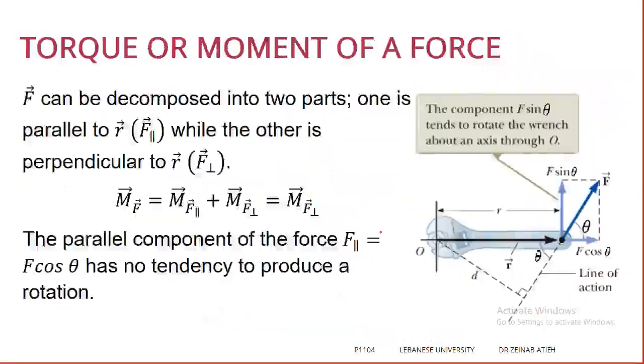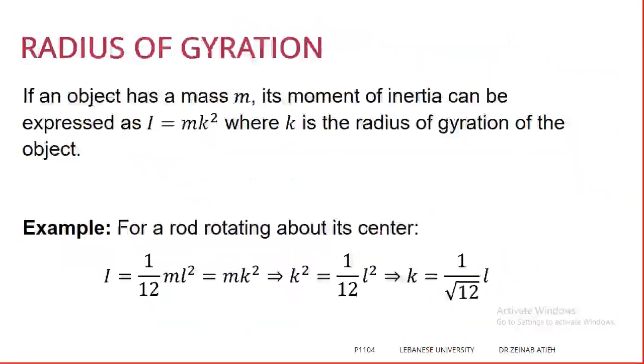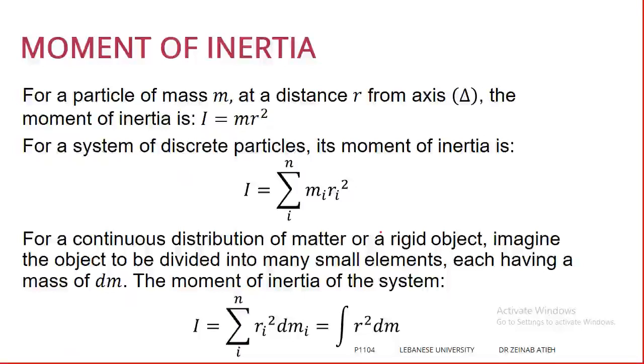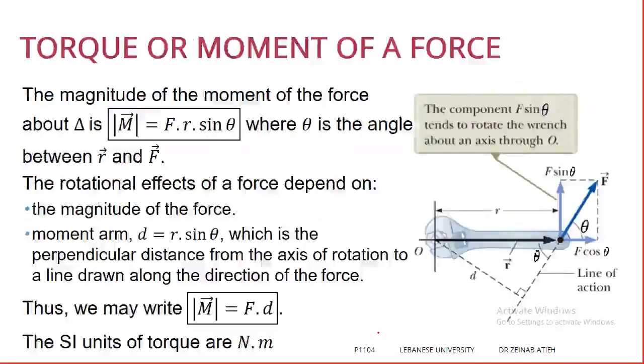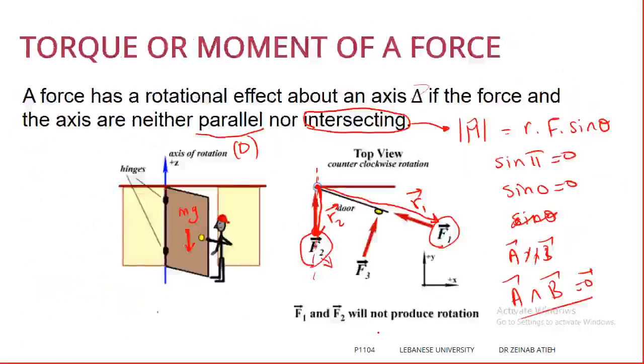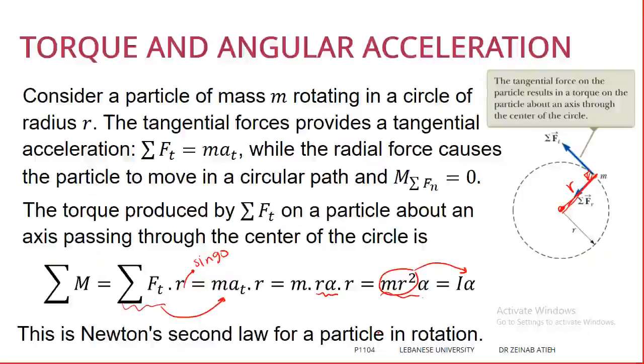I will show you again. Okay, so here it is. I is equal to the integral of r squared dm in the case of a distribution of matter, or in the case of a rigid object. So here I have the sum of moments equals I alpha.